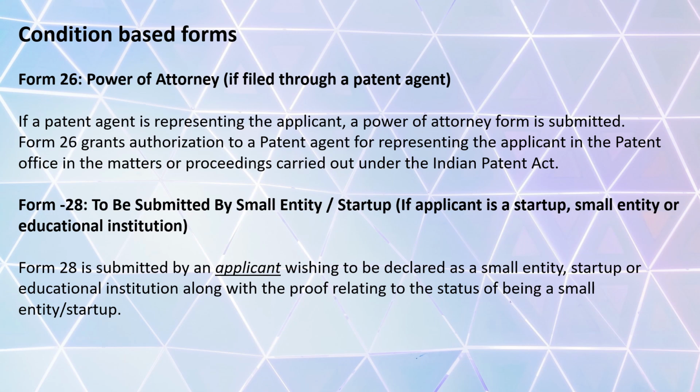So if you are a small entity, a small company, then you might have a proof, right, from maybe DIPP or from some other corporation, which shows that you fall under the category of a small business or a startup or an educational institution, and that is something you have to submit along with the form 28, and accordingly you can avail the benefits provided by the patent office to these entities.